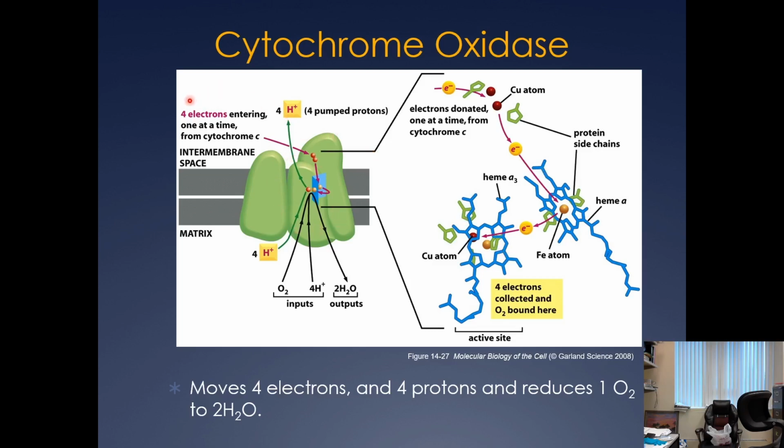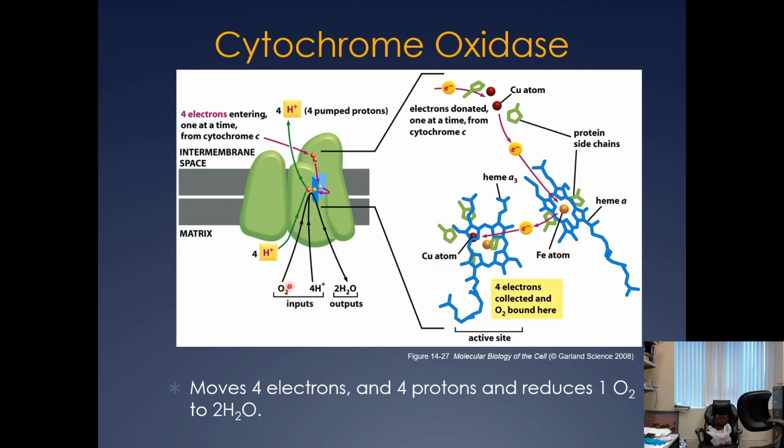Okay, so in cytochrome oxidase, in the intermembrane space, you have 4 electrons entering one at a time, from cytochrome C. And they go to this central copper atom and then down to heme A and over to heme B. And eventually they will end up on water or on oxygen.